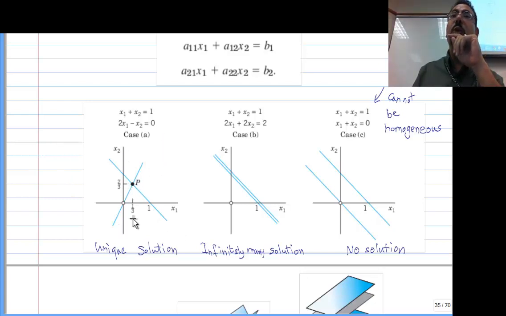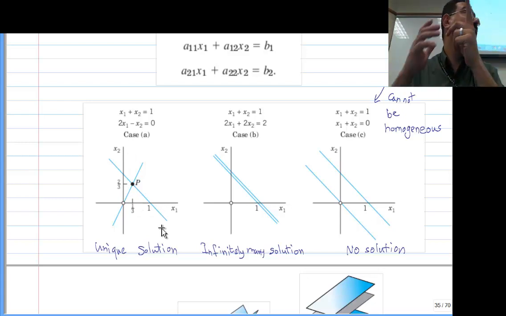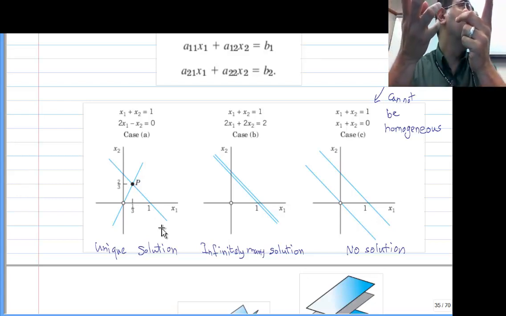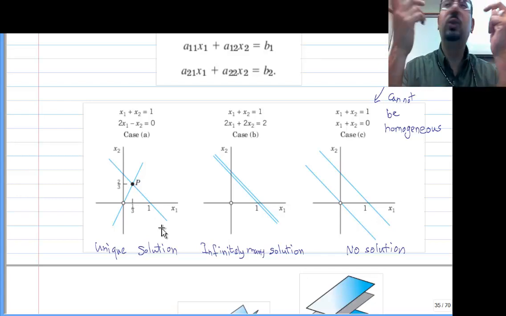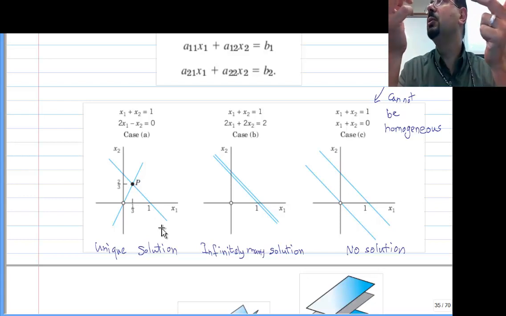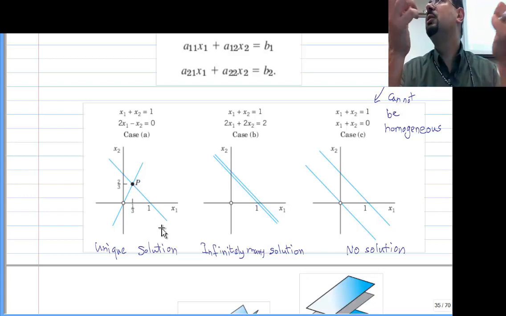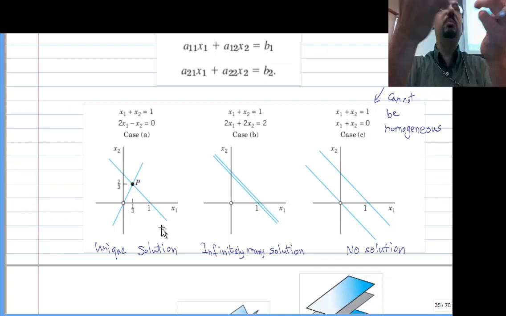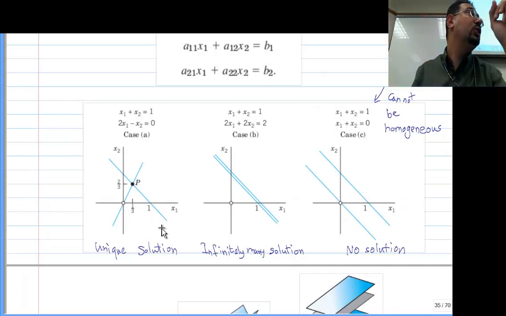So in 2D, it doesn't always come as two equations. Someone can hand you 3 equations in x1 and x2 in 2 dimensions. That's an overdetermined system, more equations than unknowns, but it works sometimes. Sometimes people give you 1 equation in 2D.